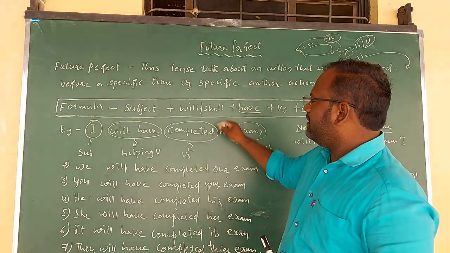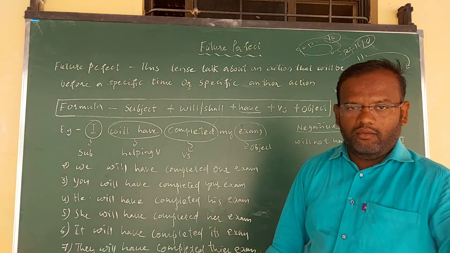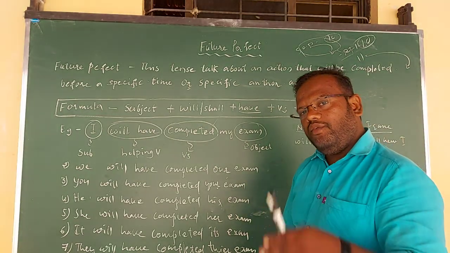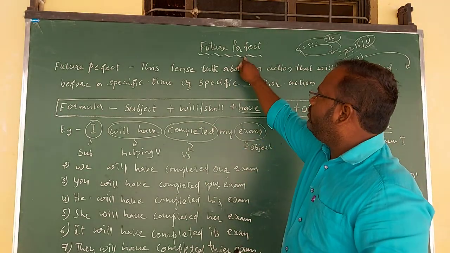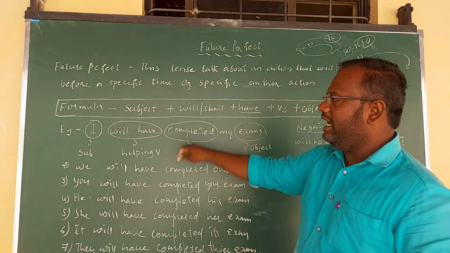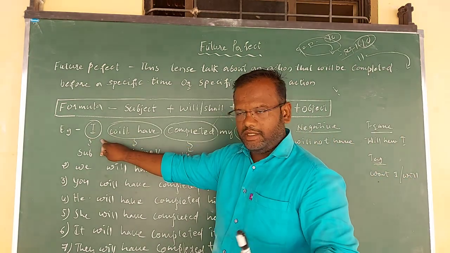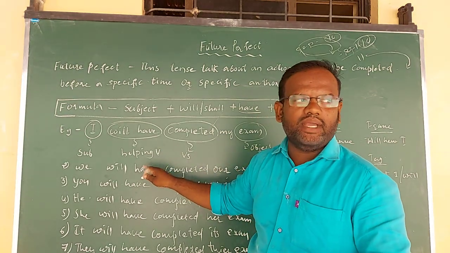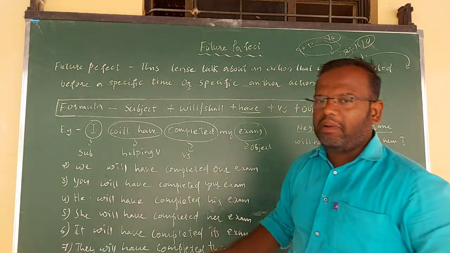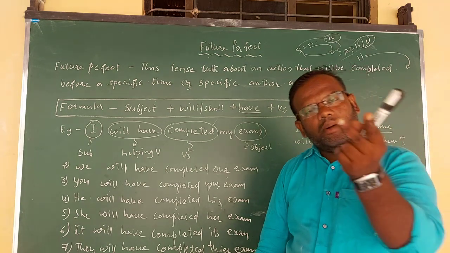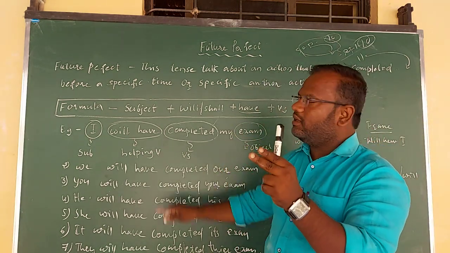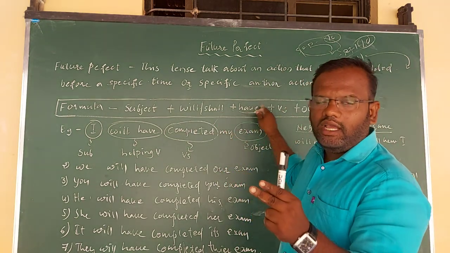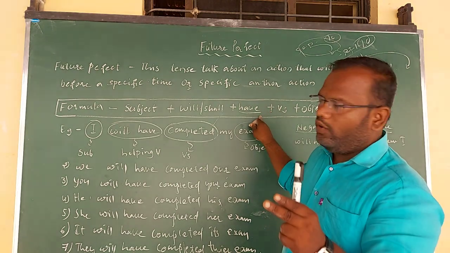I have taken complete as a verb, and let's see how we are going to use this verb in the future perfect tense. I is the subject, will have is the helping verb, or you can use shall have. Then again complete is V1, so completed we have to take, because the rule says that we must take V3, the third form of a verb.